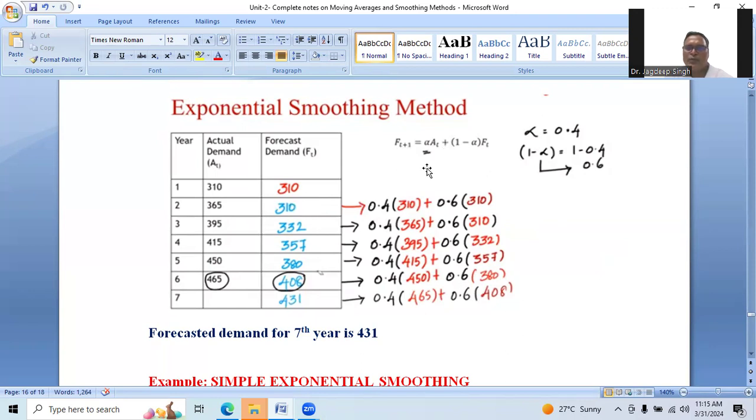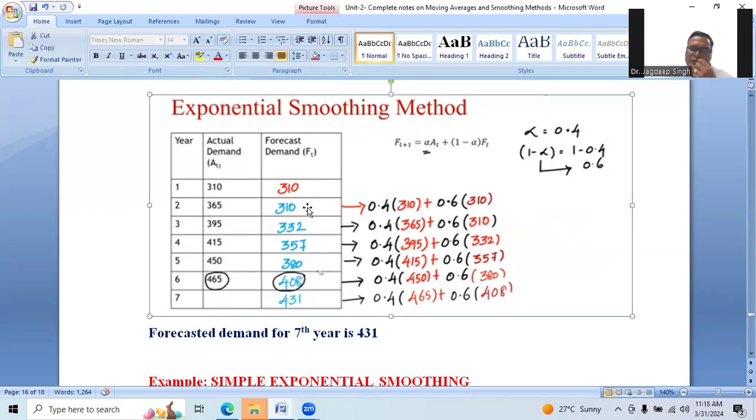So F2 is equal to 0.4 multiplied by A(t), which is 310, plus 0.6, which is 1 minus alpha, and F(t) again, that is 310. So it will give us 310 only. So F2 will be 310. Now you can check F3.